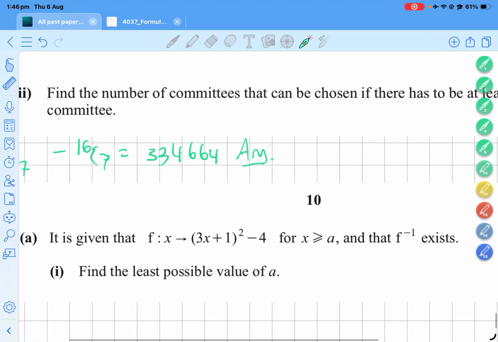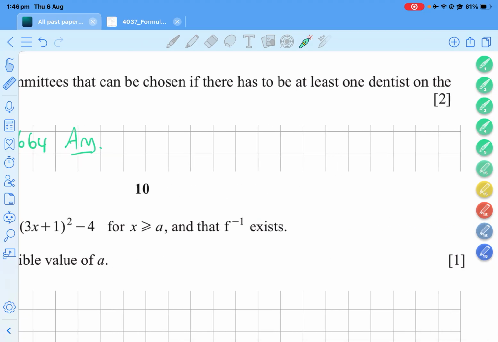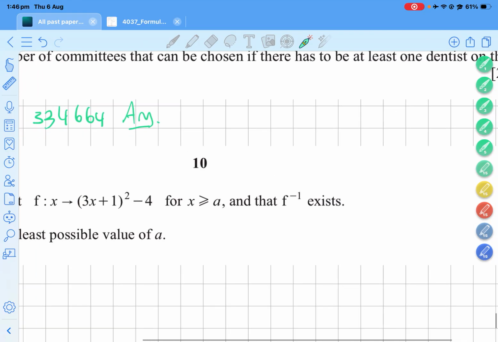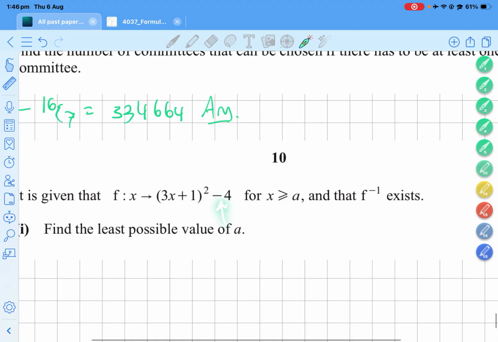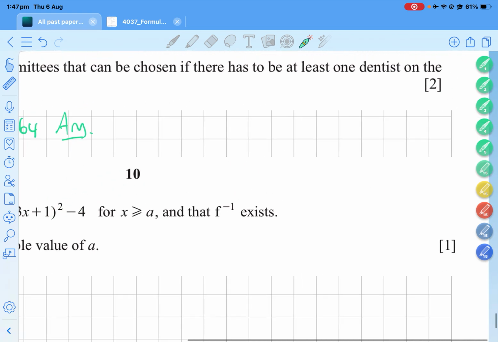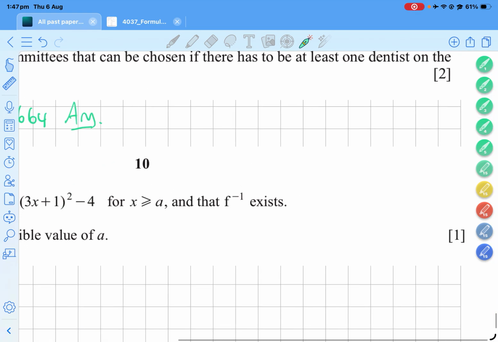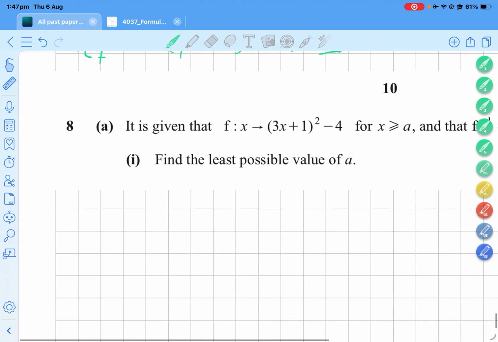What was the range? You need to find the range of this. If you put in 0, from minus 4, that's your domain. So from minus 4 and onwards, if you put in minus 4, you'd have minus 1 over 3.